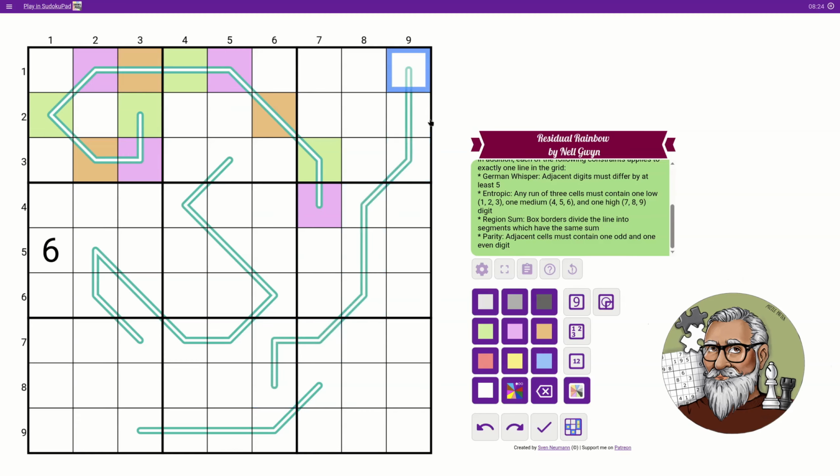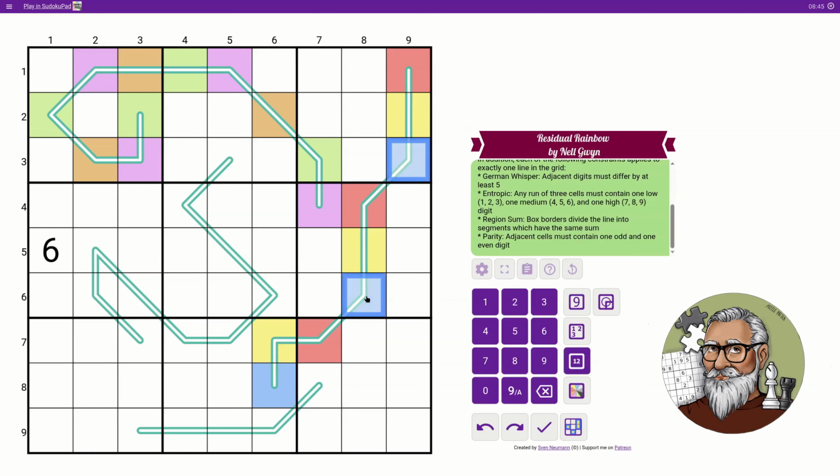Right. So this one has to be blue again, right? Because these are repeating digits. So we need blue here somewhere. This would have to be blue.